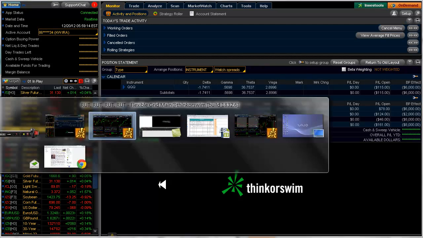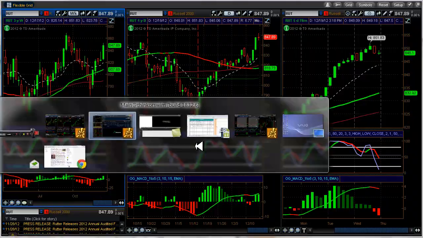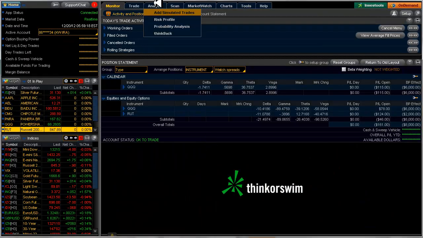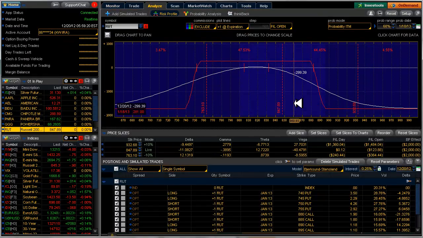Well, that's a good question. But we were talking about what happens to this white line when volatility increases. So how do you get an idea of how much volatility really did increase in the past?